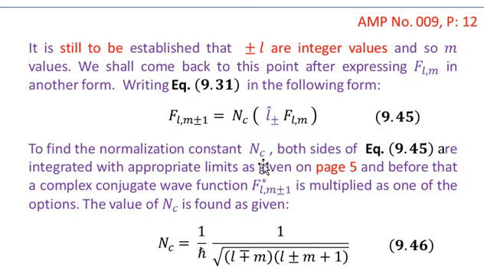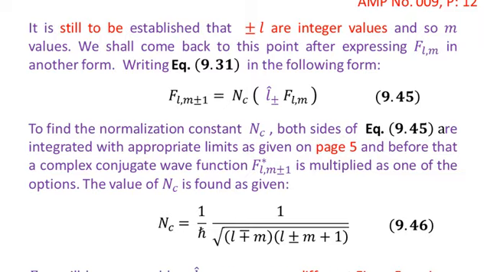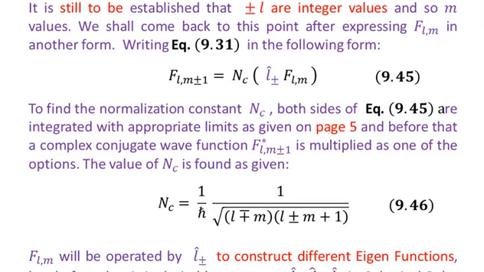To find the normalization constant NC, both sides of equation 45 are integrated with appropriate limits as given on page number 5. And before that, the complex conjugate wave function f star L with plus minus 1 is multiplied. The value of NC is then found as given. So you need to multiply with the conjugate azimuthal wave function, and then integrate with the limits given on page number 5.